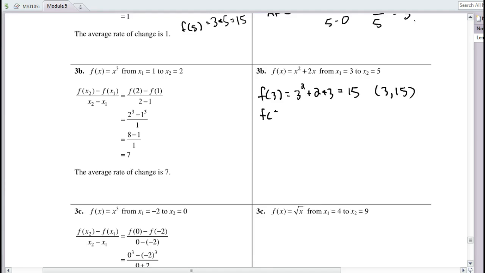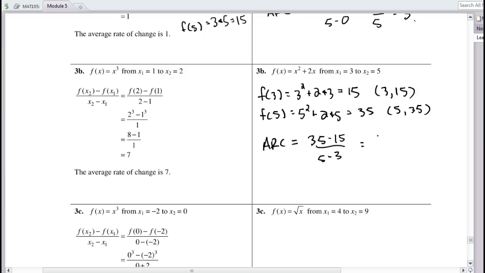And then f of 5 gives us 5 squared plus 2 times 5. So in this case we get 25 plus 10, which is 35. So (5, 35). So again, the average rate of change, we just do the slope formula. 35 minus 15 over 5 minus 3. 20 over 2, which in this case equals 10.